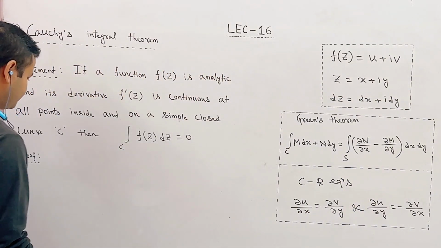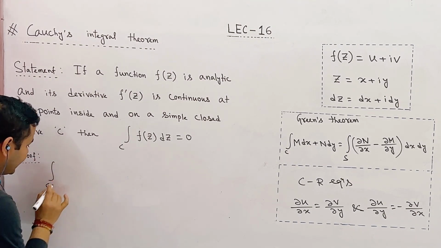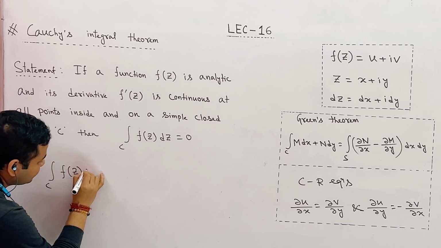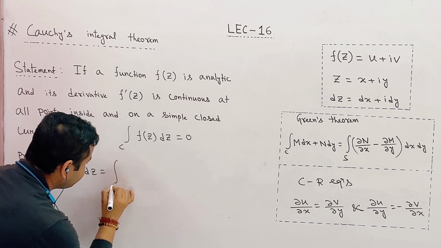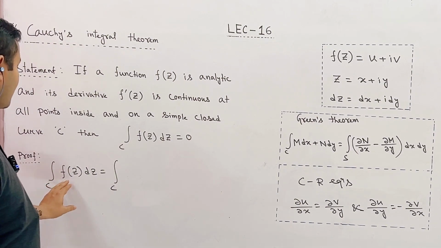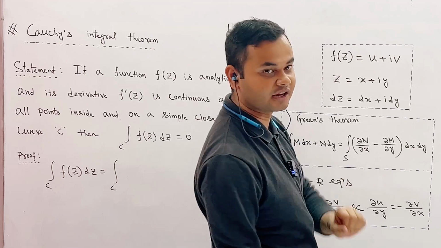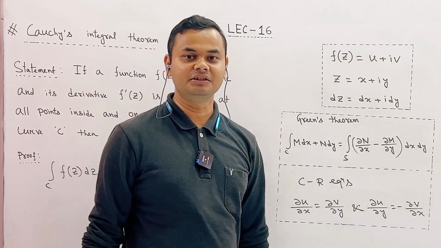Now let us derive this part. So integration along closed curve C f of z into dz is equal to integration along closed curve C. We know according to the basic representation, a function of a complex variable is given by f of z equal to u plus iota v and dz equal to dx plus iota dy.